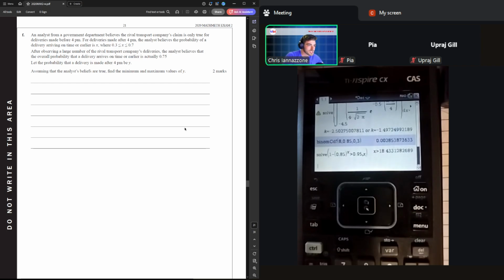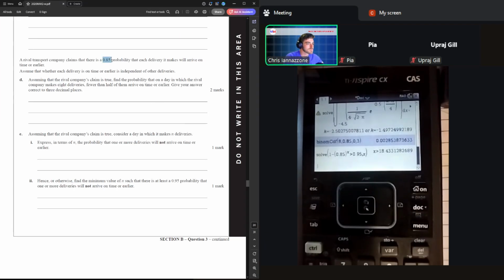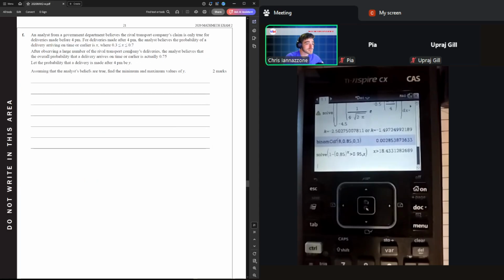After observing a large number of the deliveries, the analyst believes the overall probability, so broadly speaking, we've got a 0.75 chance of arriving on time or earlier, which is pretty damn close. They were almost accurate. Anyway, let the probability that a delivery is made after 4 p.m. be y. Okay, what?